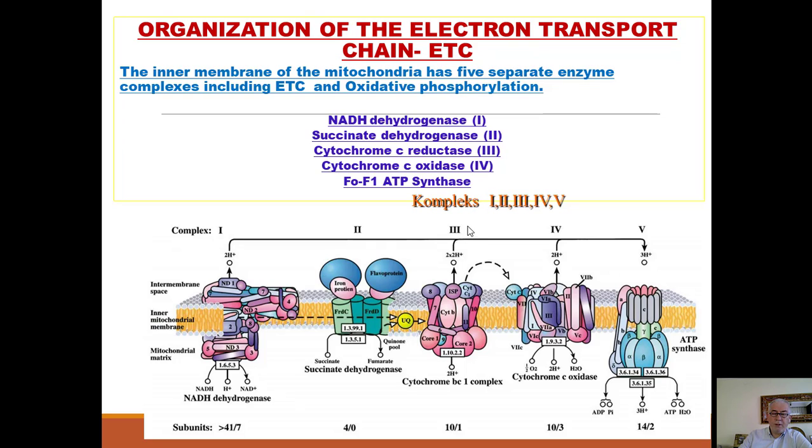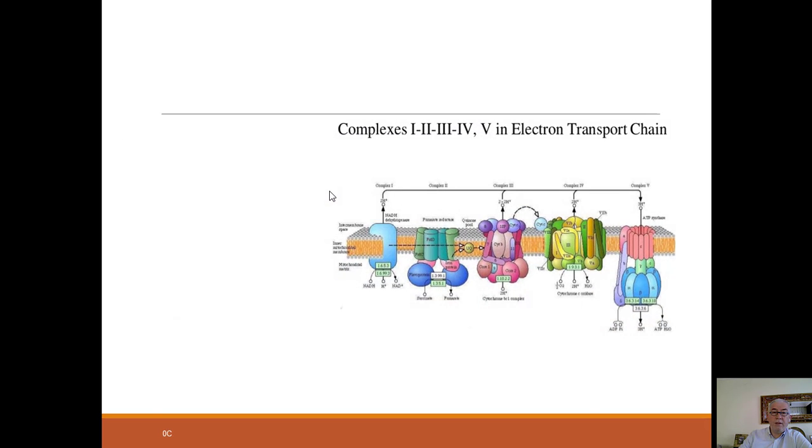And all protein complexes are inside the inner membrane of mitochondria.